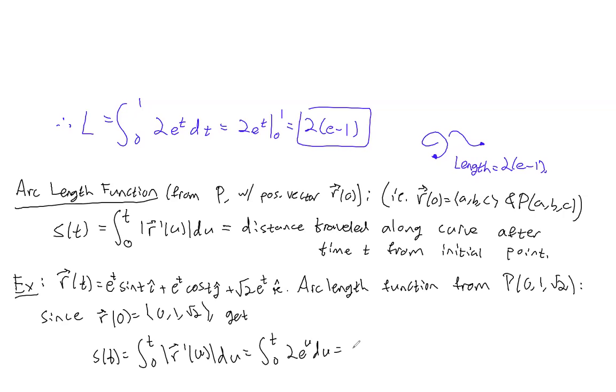So what's that going to come out to be? As we anti-differentiate that, it is just 2e to the u from 0 to t, or in other words, 2 times e to the t minus 1. So that's the arc length function.